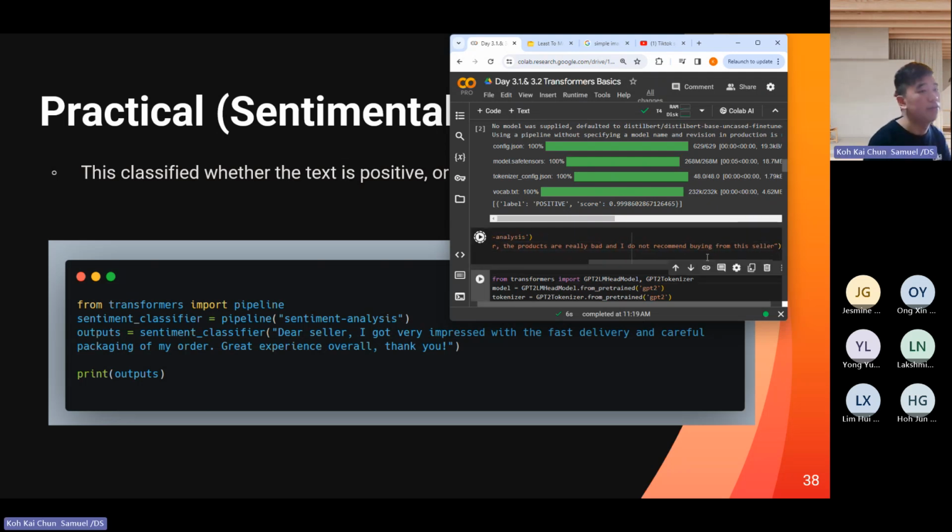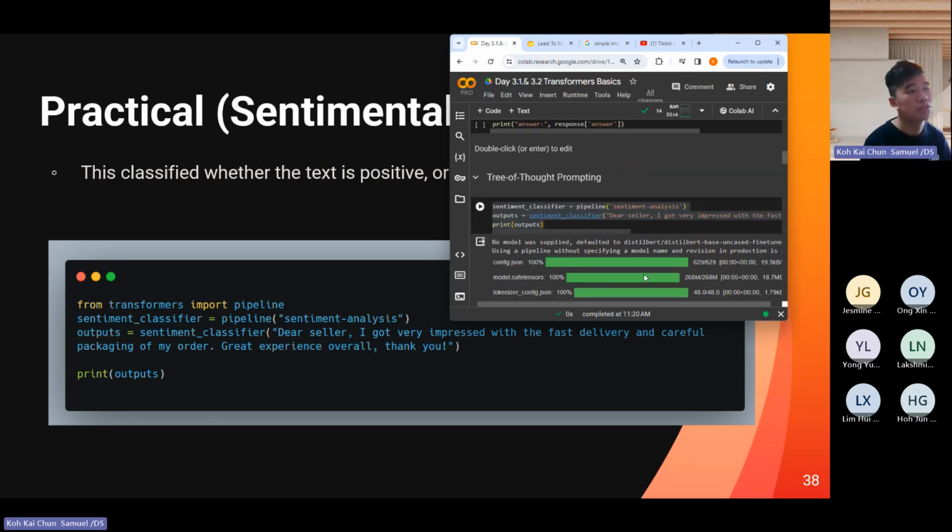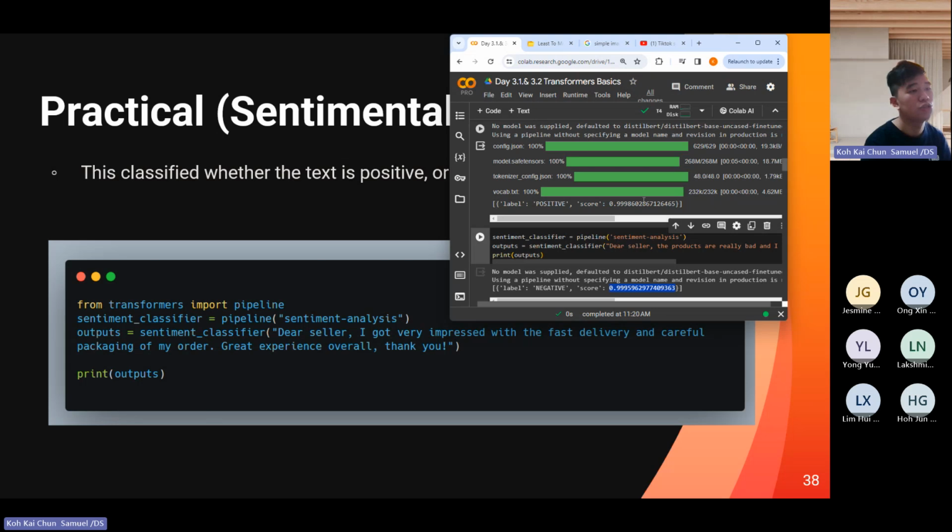And then it outputs negative, 99% sure that it's negative, just as before it was 99% sure that it's positive. So this uses probabilities of context.